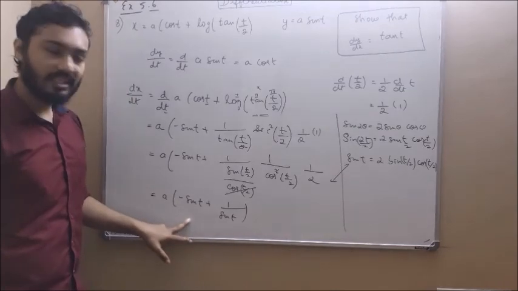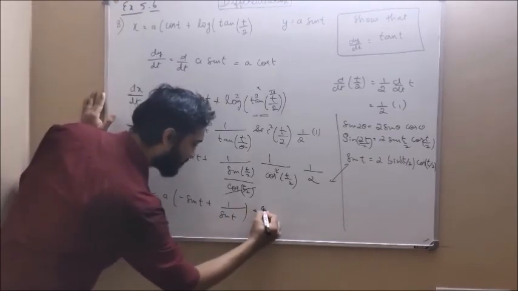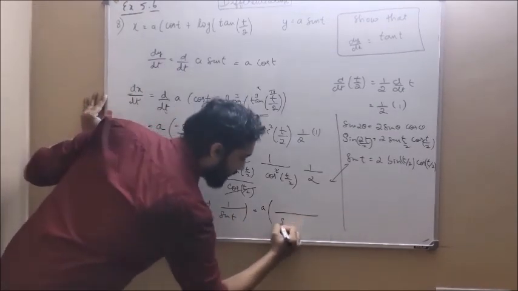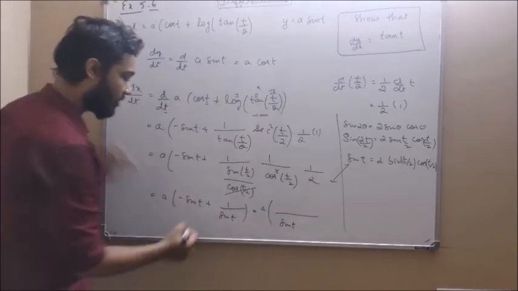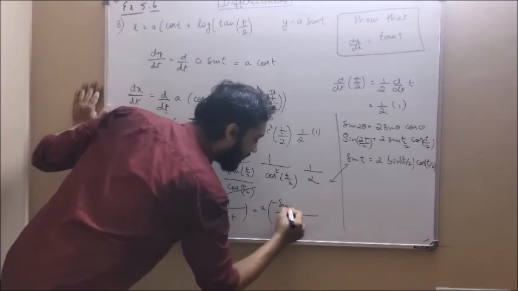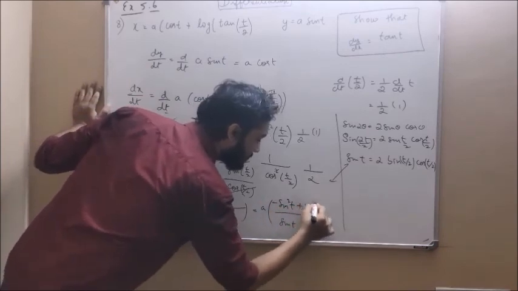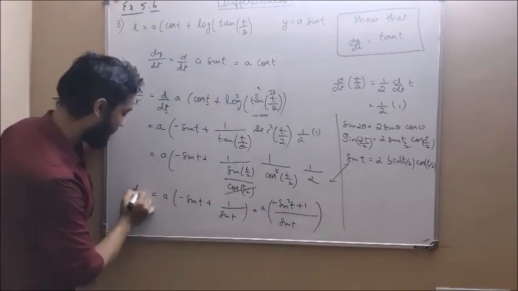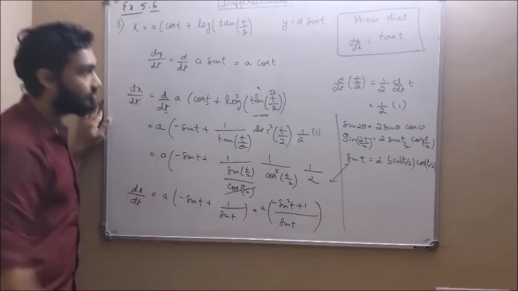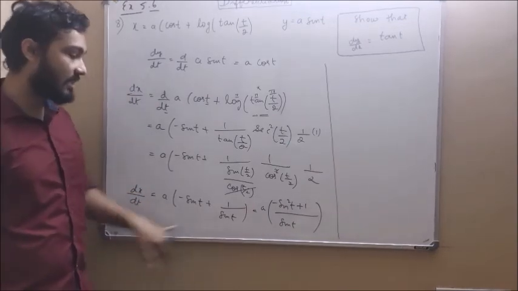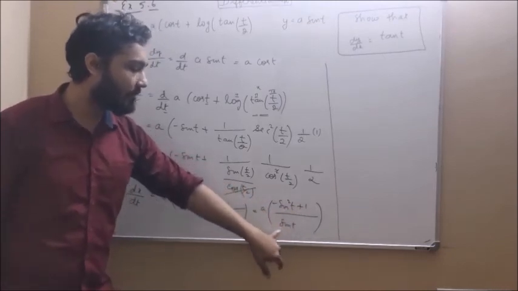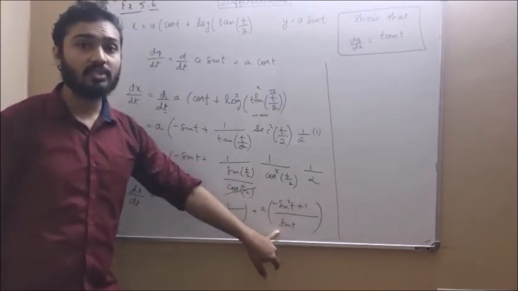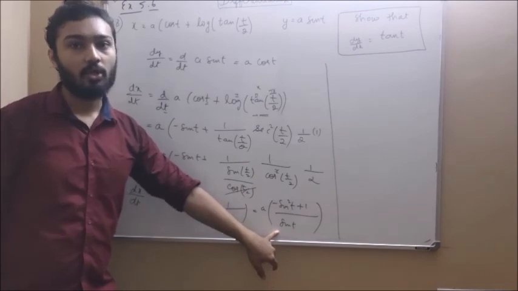Now how to simplify this? Take the LCM, which is sin t, and cross multiply. So minus sin square t plus 1. This is dx by dt. Therefore dx by dt is a into 1 minus sin square t divided by sin t. What is 1 minus sin square t? It is cos square t.